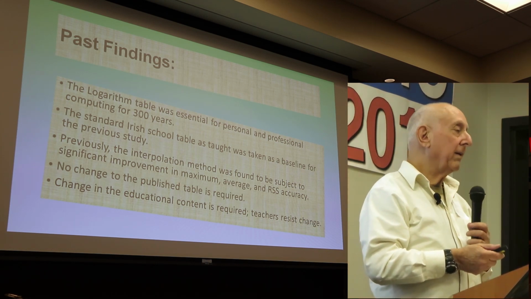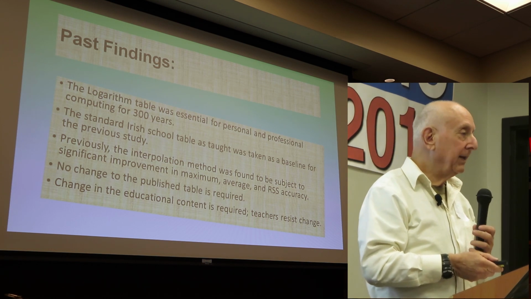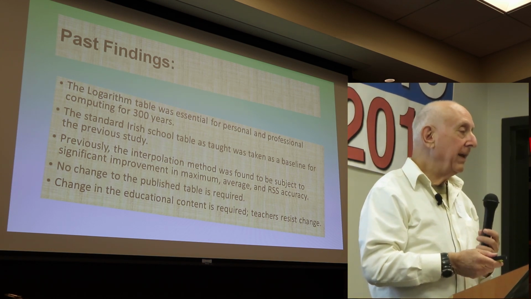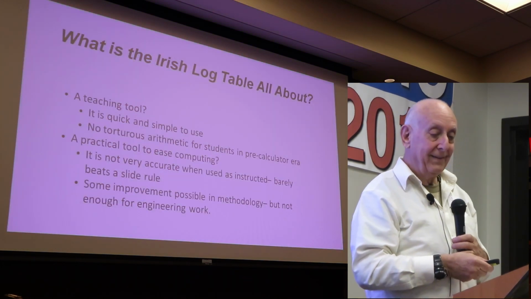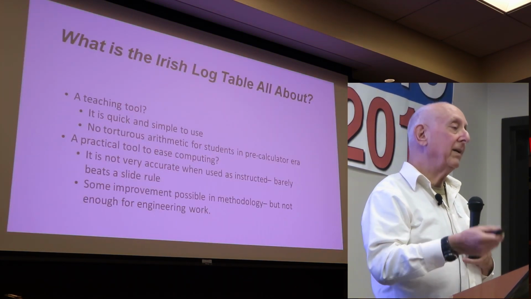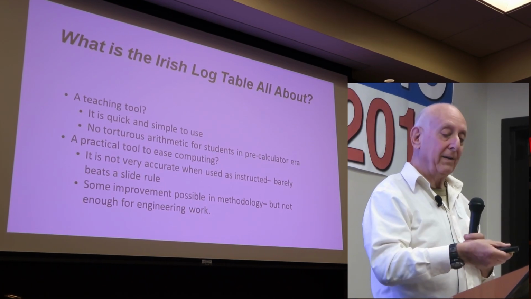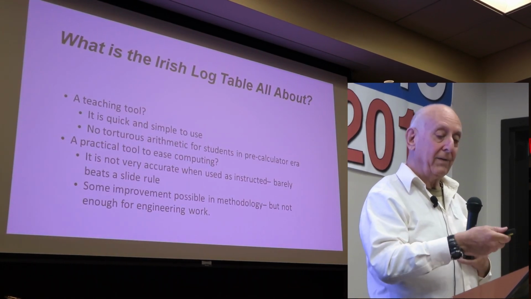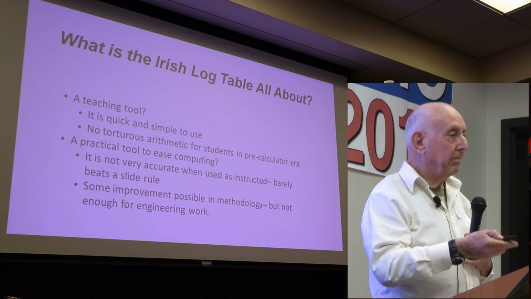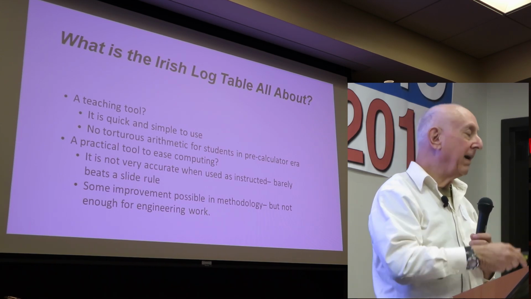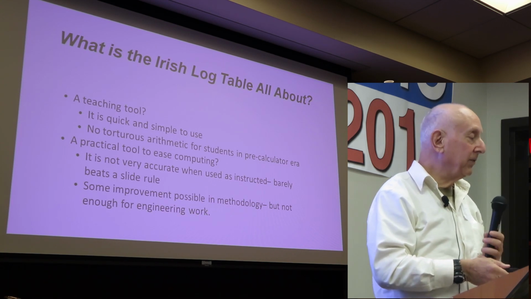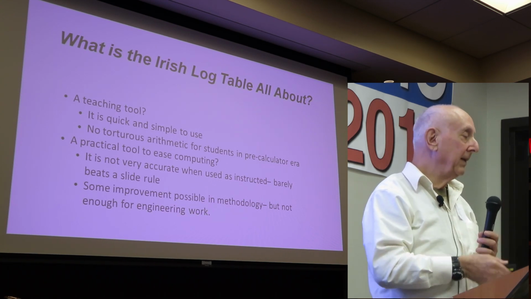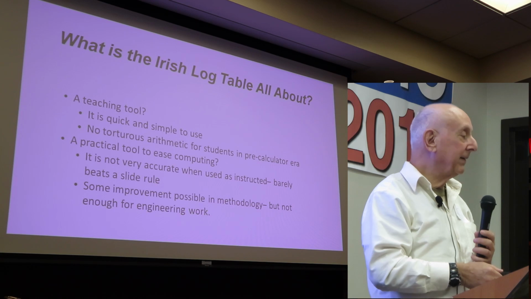So I was wondering if it's possible to change the table and not the interpolation method. So the question is, what is this table all about? Is it a teaching tool, or is it something that a practitioner of computing in the pre-calculator and pre-computer age might use to do actual calculations? If it's a computing tool, it turns out it's grossly defective.